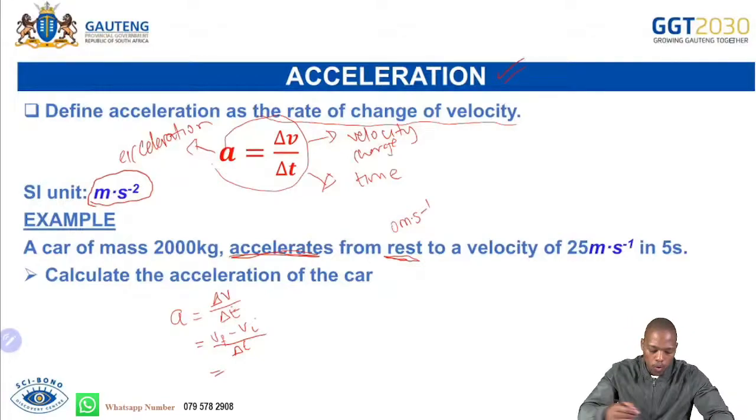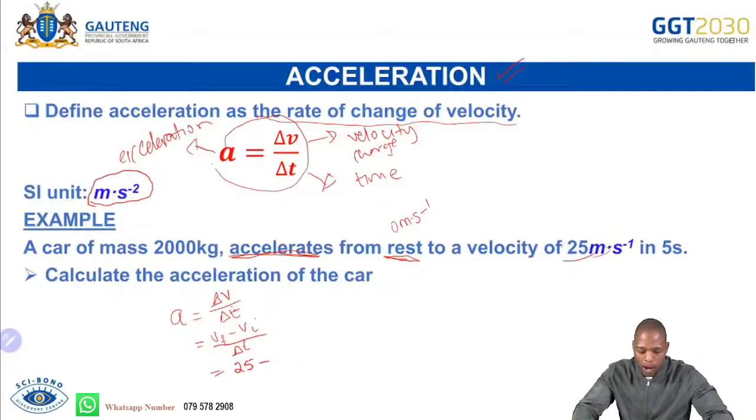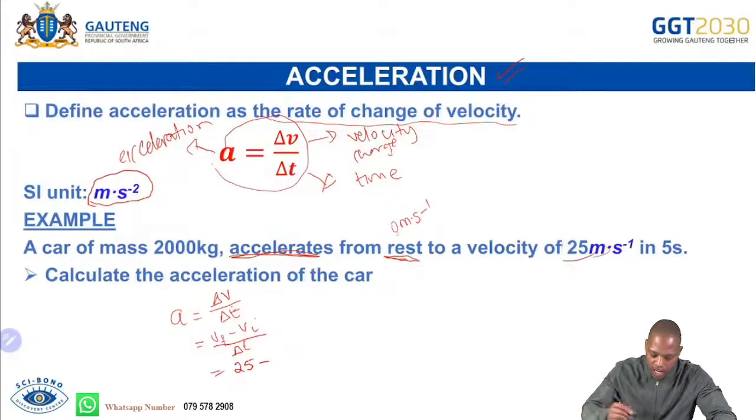Then you go to your statement and you look for your given. Do I have the final velocity? Yes, I do, because they say it starts from rest and then it goes to 25. So I have the final velocity of 25 minus, do I have the initial velocity? Initially, it was moving at 0 meters, so basically not moving at all.